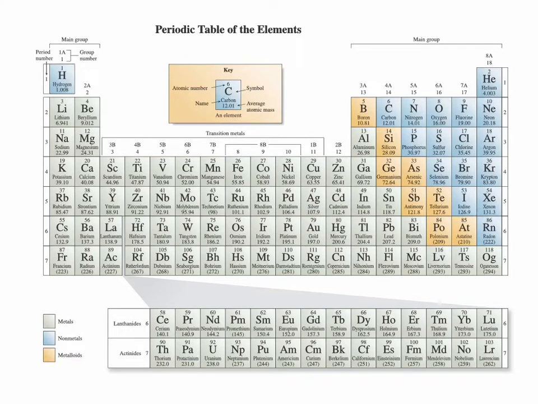Groups 1 and 2 and groups 3 through 8, at the top here, are all designated with an A after the number. Those are what we call the main group elements, or your book introduces them as representative elements, but they're the same thing. And in the middle of the periodic table, where you have the designation with the B after the number, those are the transition metals.